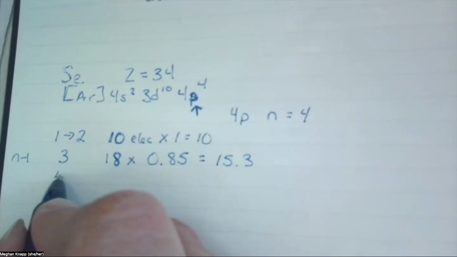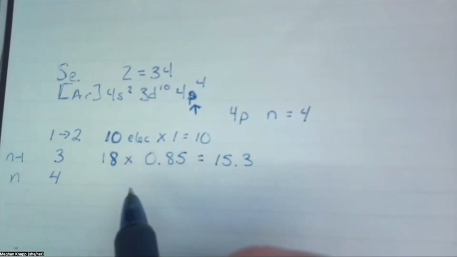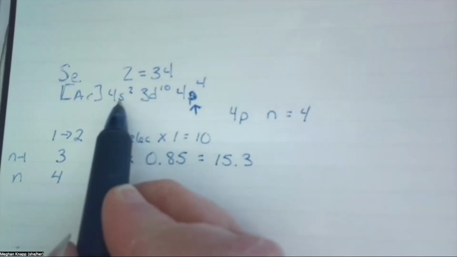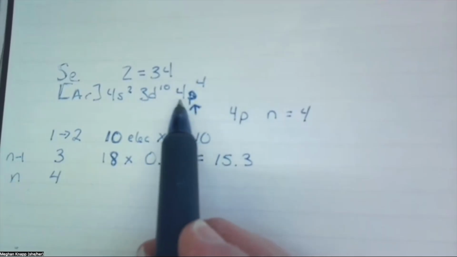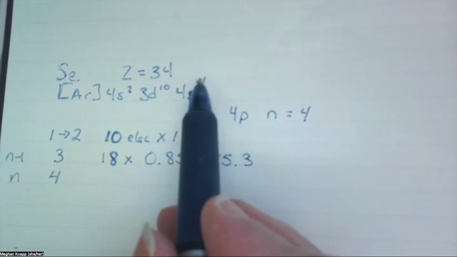And then finally, for n equals 4, I'm going to look and see that I have the 4s electrons, and then I have 4p electrons that are not the one that I'm talking about. So there's 4 total, but it doesn't shield itself.